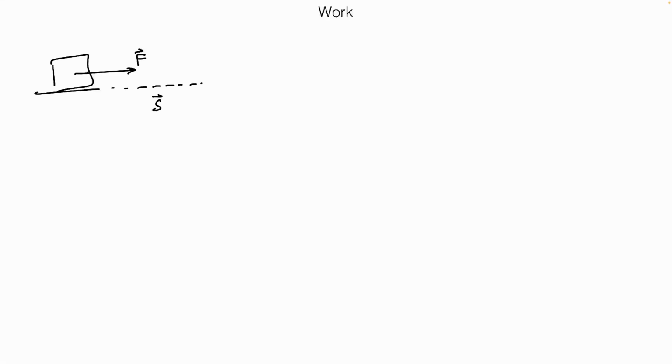So we're applying a force, it causes this thing to go some distance S. We would say that the work is the product, the multiplication of that force times that distance.